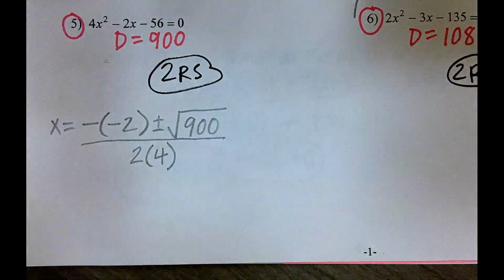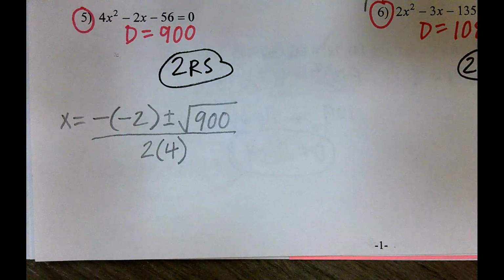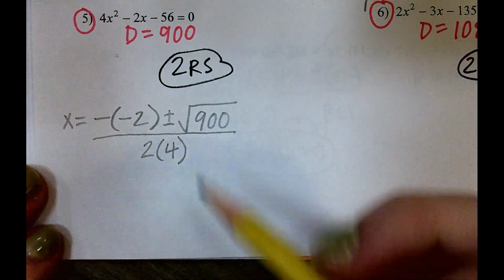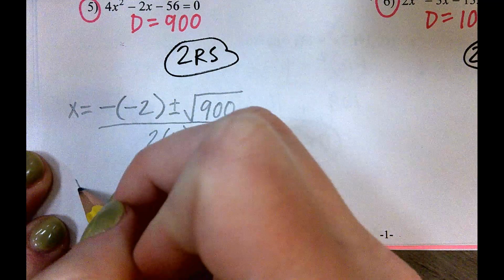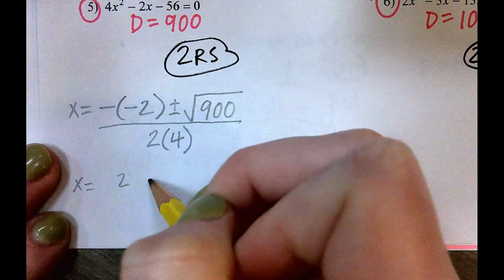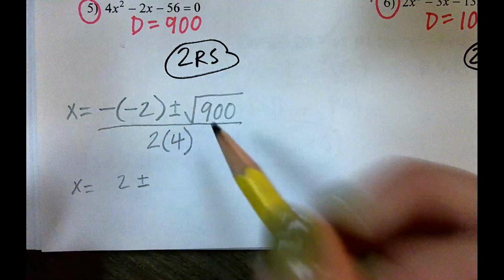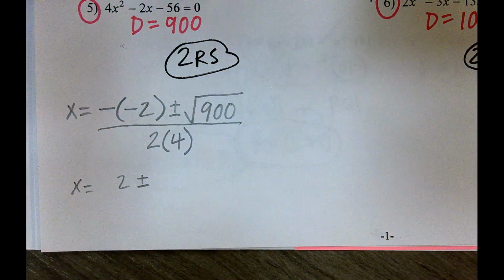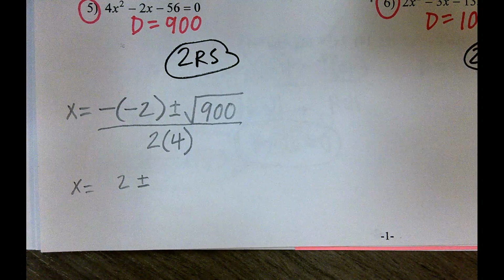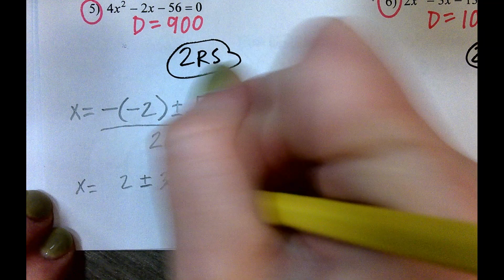Good. I did 2 plus or minus 30. 2 plus or minus the square root of 900, which is 30.